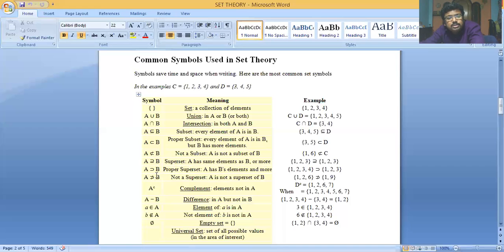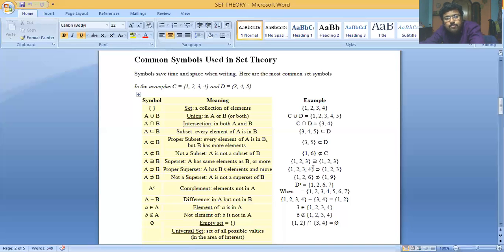Now this symbol represents the proper superset. Proper superset: A has B's elements and more. Look, it is A set and it is B set.